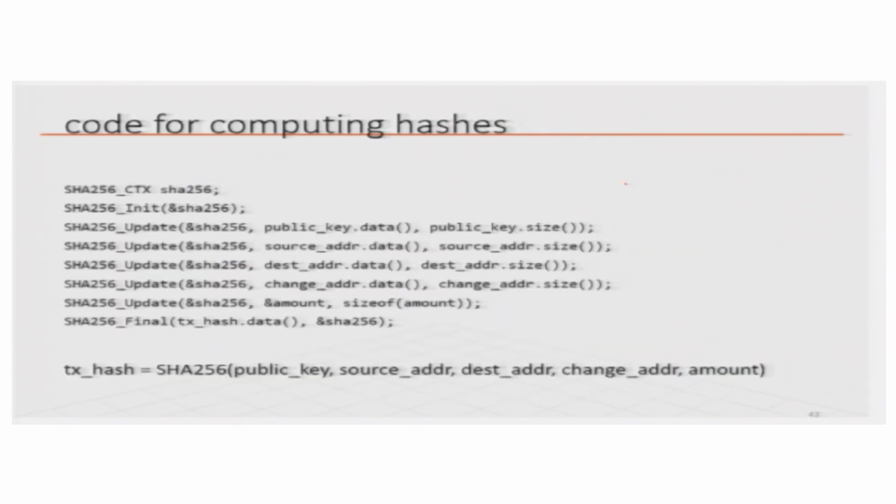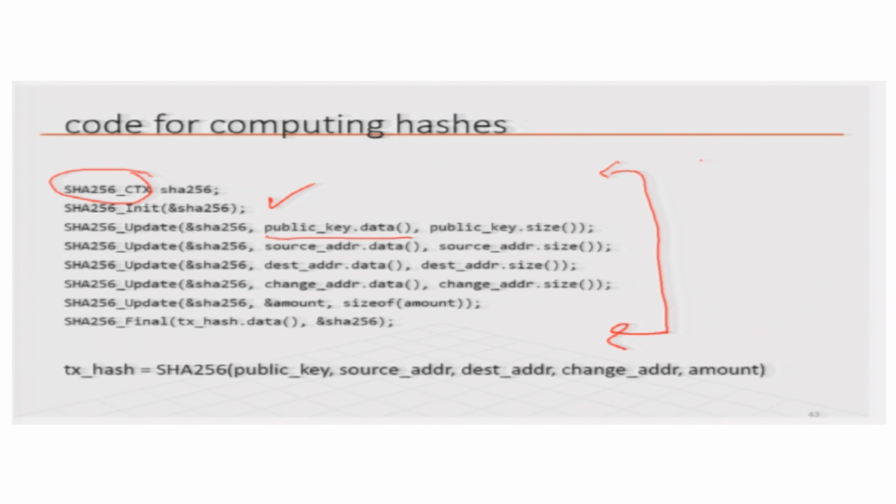So, this is the code for computing hashes. This is a little bit hairy, but this is the type of the SHA-256 hashing. So, you initialize it and then you keep adding the next piece of data that you want to add into the hash, right.